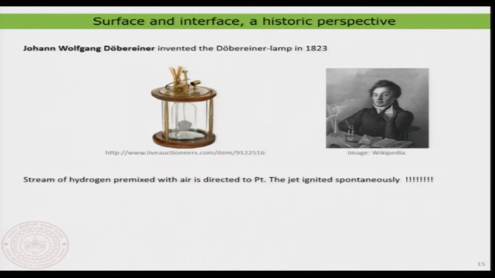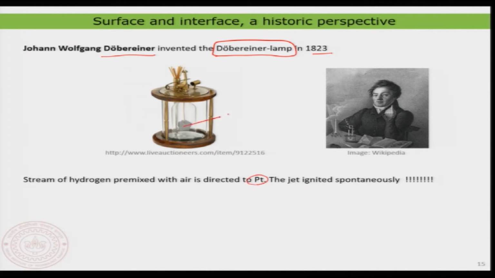Then there is another interesting example that one can point out, which is the contribution from surface and interface itself, by Daubernier. He invented a lamp which is generally known as the Daubernier lamp. This was also a commercial lamp that was available at this time. What the lamp contains is just some pieces of platinum.